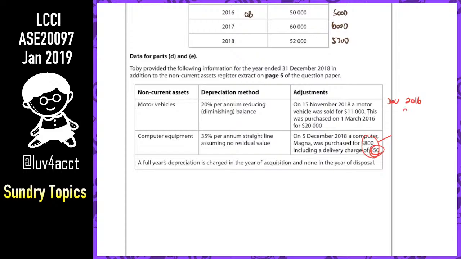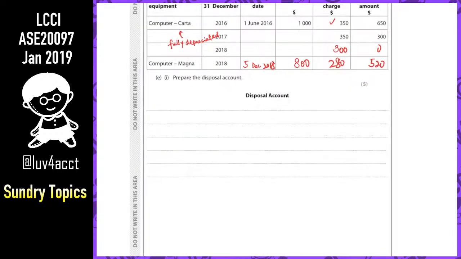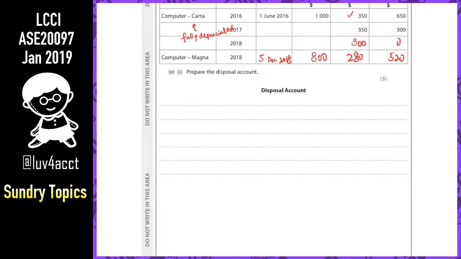After year 2016, we have year 2017. And then we sold it during the current year, November, year 2018, so it is not depreciated for the 3rd year. So 2 years depreciation at 20%. Sold for 11,000. Disposal account, 15th of November, year 2018.